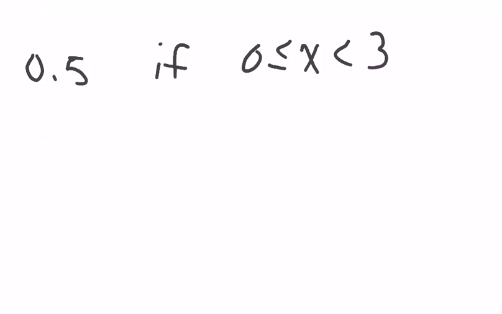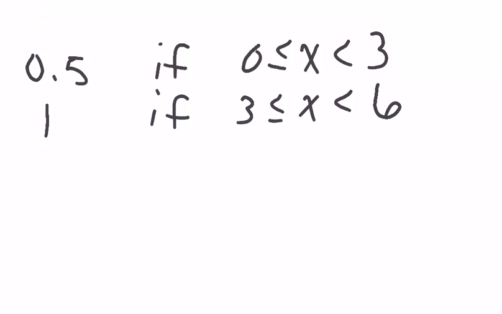So we know that a person is going to get a 50 cent increase if they have worked less than 3 years. We can't work negative years, so 0 up to 3, not including 3 years. That's why it says less than. Then we know that the person will get $1 if they have worked 3 years up to 6 years, not including 6 years.